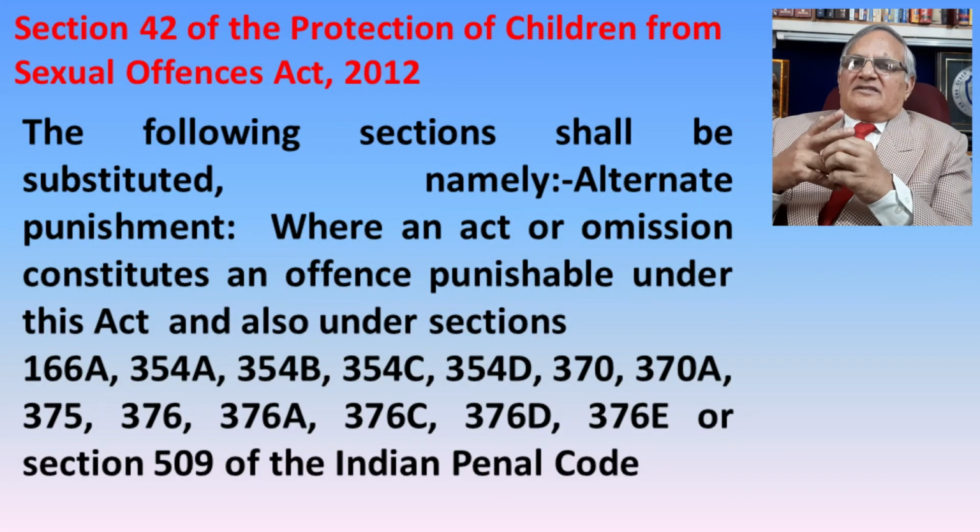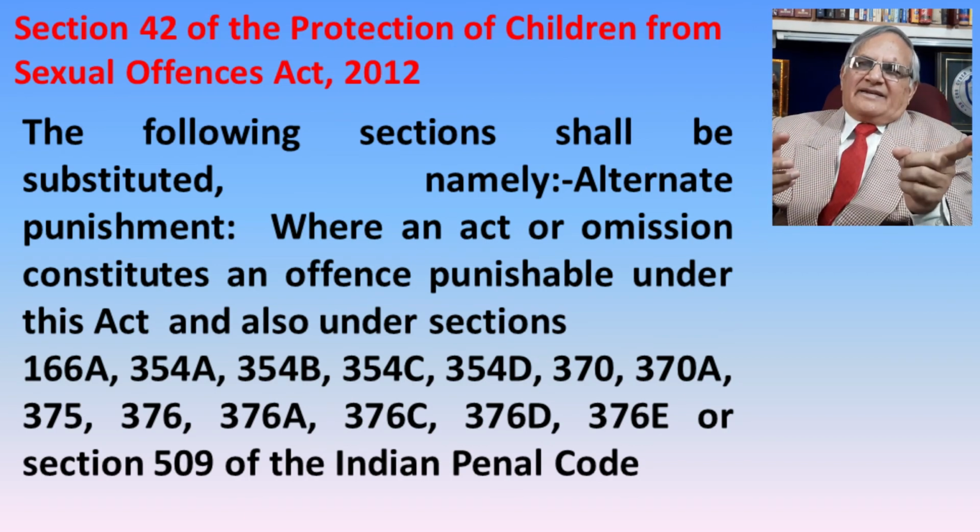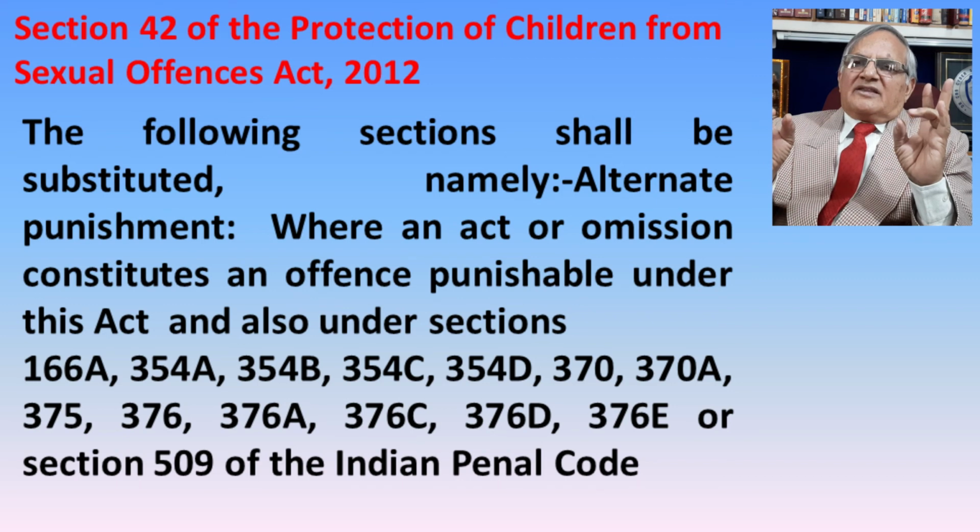And then Section 42. Section 42 says, suppose someone is guilty of an offense under Section 354 and also under the POCSO Act, where an act of omission constitutes an offense punishable under the POCSO Act as well as under the IPC Sections 166A, 354A, 354B, 354C, 354D, 370, 370A, 375, 376, 376A, C, D, E, or Section 509 of the IPC.